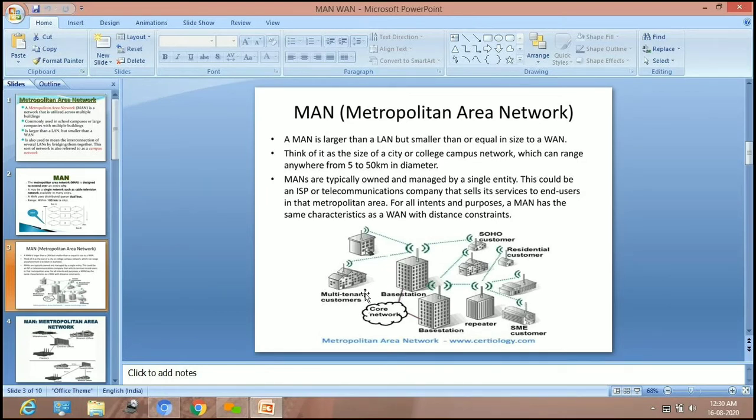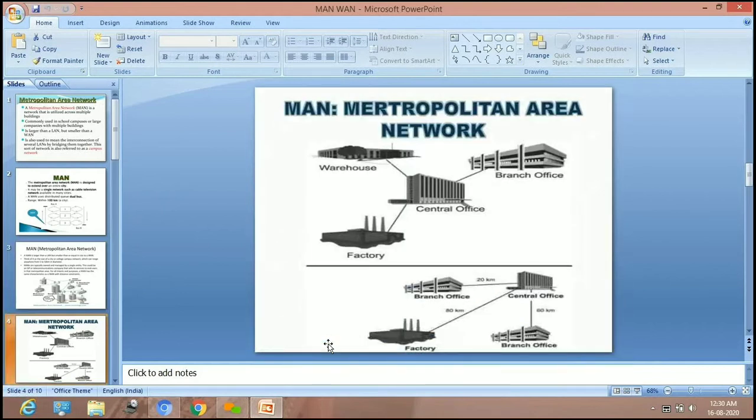As we can see over here, if we talk about the LAN, it will only be confined to one single station or one single building, and within that, different kinds of LANs will be used. But if we need to connect those LANs together, whether in a single building or in multiple buildings in an area confined to 50 to 100 kilometers in range, then that could be called a metropolitan area network.